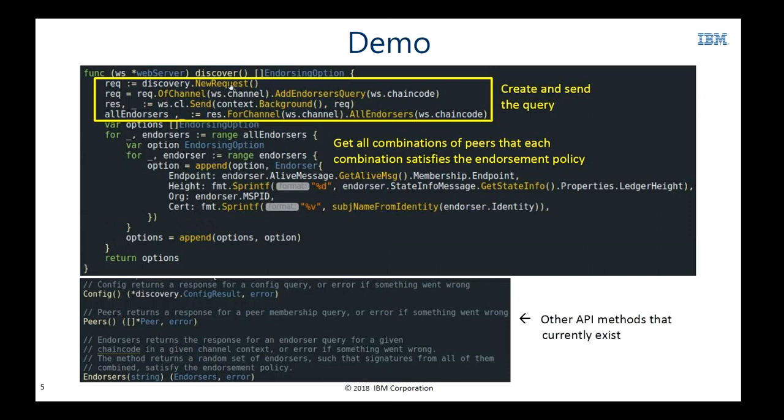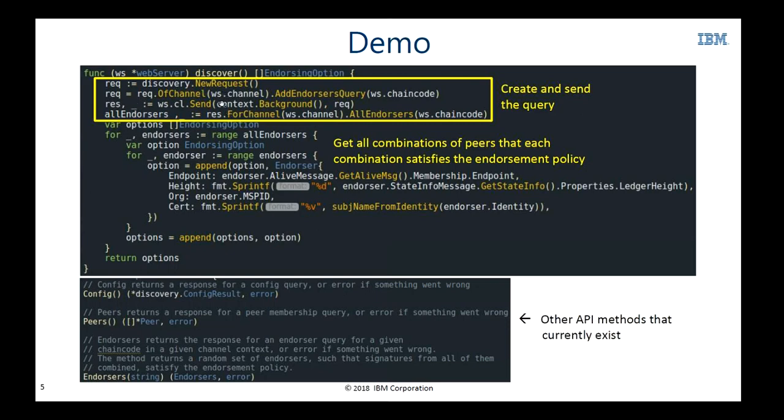So here we have the important function of the code. Here we see that we create a new service discovery request. We say this request is associated with the given channel, and we say that this request asks the peer for endorsers for this given chaincode.